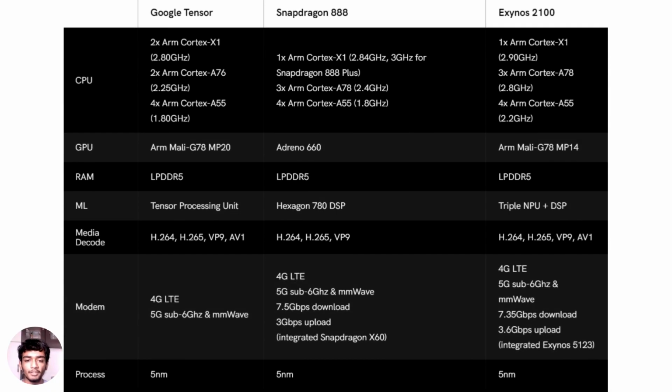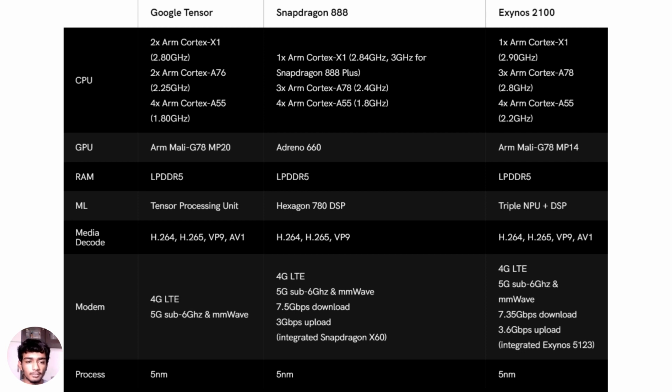Now let us see comparisons of our Tensor chip with the Snapdragon 888, that is used in most general phones, and the Exynos 2100, which is used in Samsung phones. So the comparison is based on CPU, GPU, RAM, ML, media decode, modem, and processors.